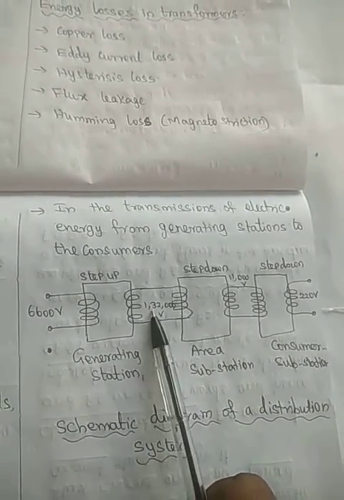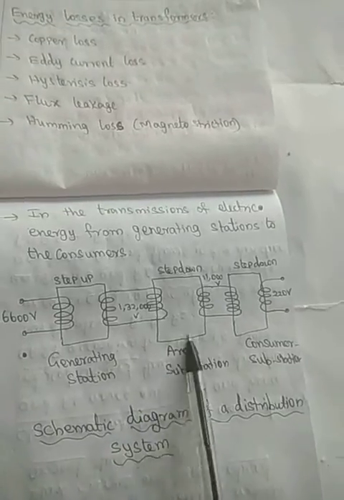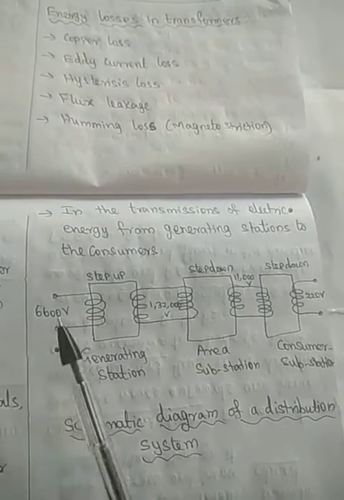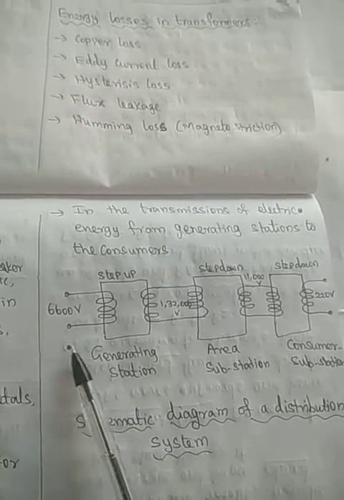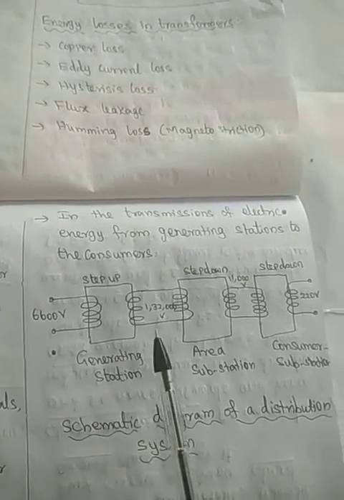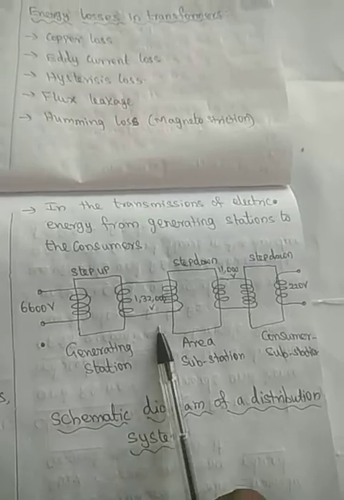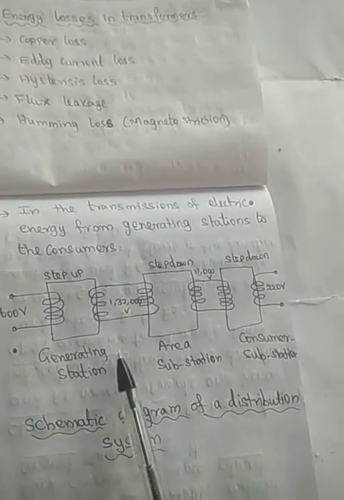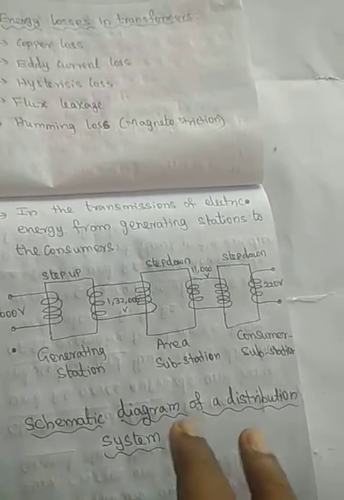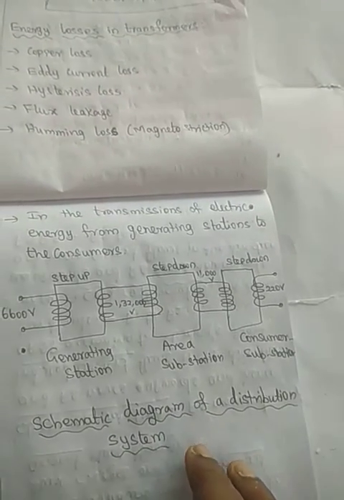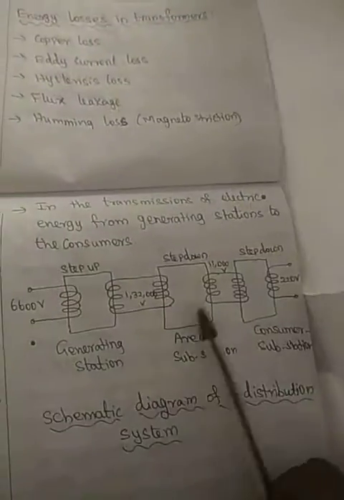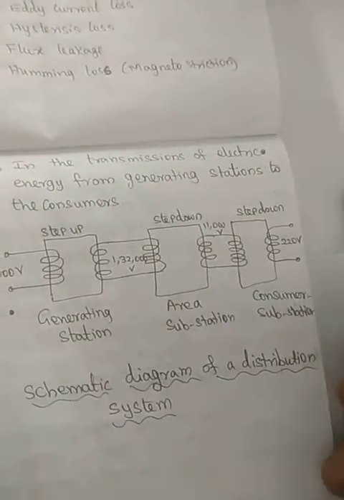Again, this 1,32,000 volts will reach the area substation. Let us assume that in Mettur the voltage generated is 6600 volts. Then it will be transmitted to the area substation. In Karur, there will be one main area substation, and from there the current will be split to each and every EB station. So this is the area substation.